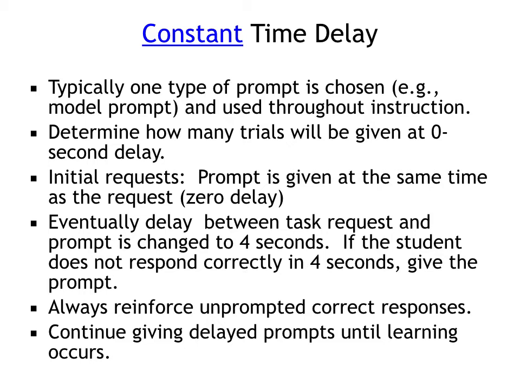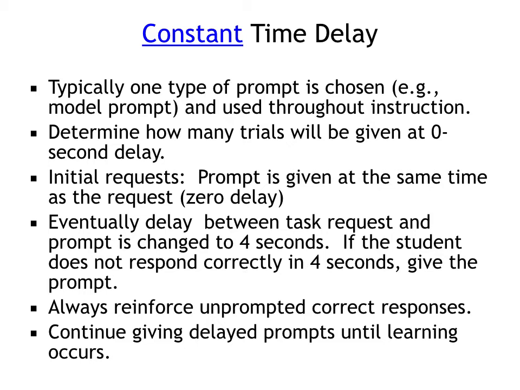Once you set the goal, you will pick one type of prompt that must be a controlling prompt that works for your students. You will provide the controlling prompt right after the SD is given. That's called 0-second delay. Your controlling prompt is given at the same time as the request. After you say something, you provide the controlling prompt for 5 trials or 10 trials, the number you can set.